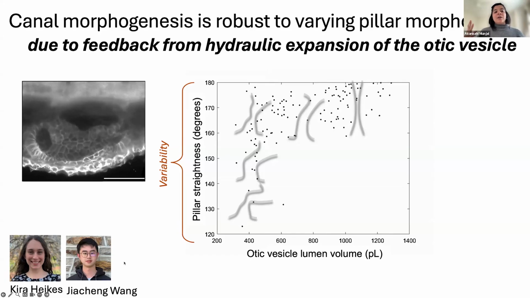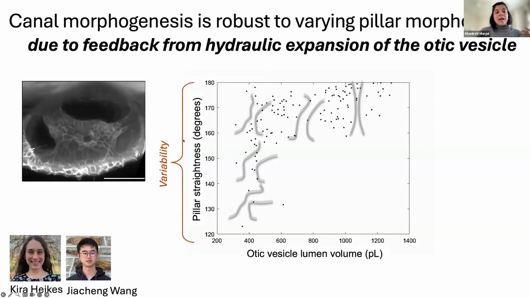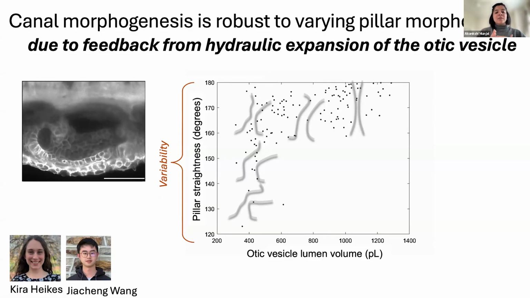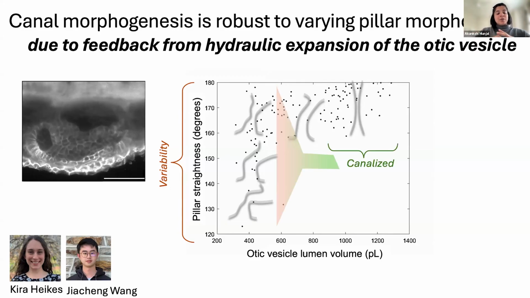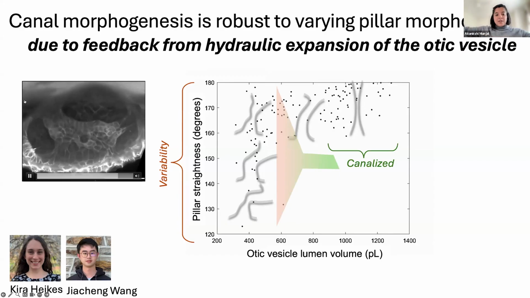So now we're doing experiments, and we have very promising data that supports that this straightening of the pillar is happening from this mechanical expansion of the aortic vesicle. So you have these bent configurations initially, but over time they're getting straightened out because you're expanding the entire epithelium. These pillars are in continuum with the rest of the epithelium.